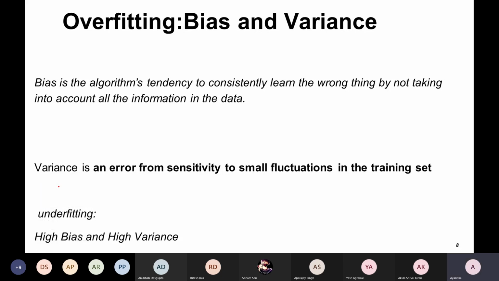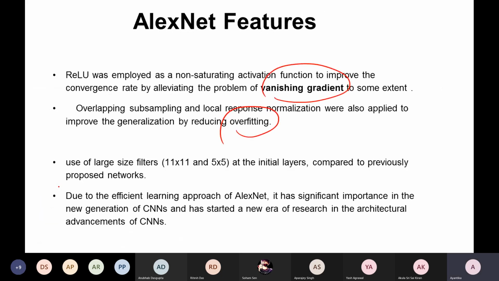So we started discussing the limitations of AlexNet, which we will see today in detail. One is the vanishing gradient, another is the possibility of overfitting.